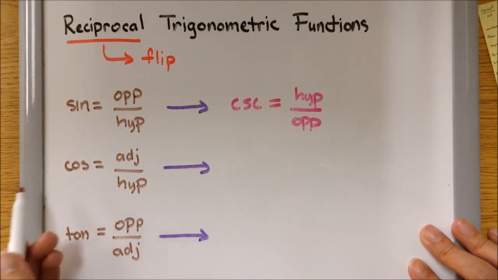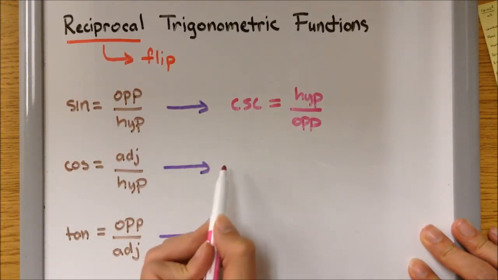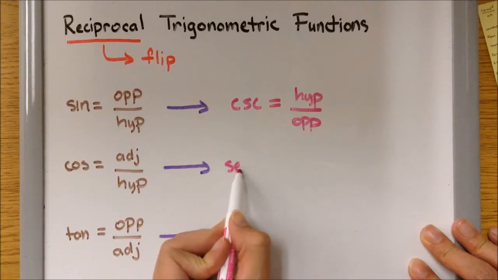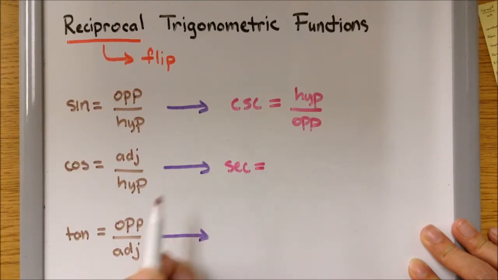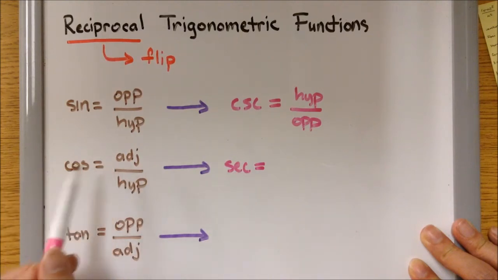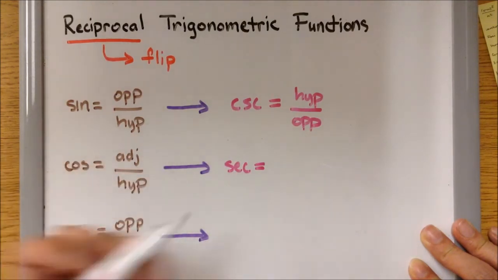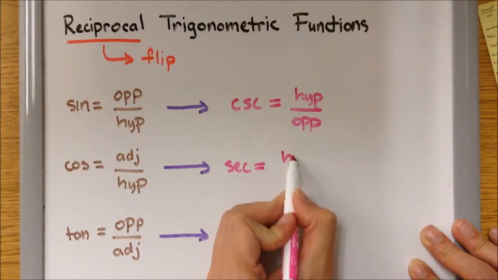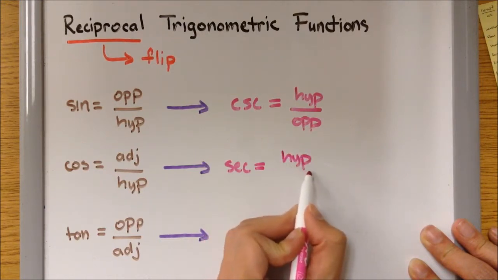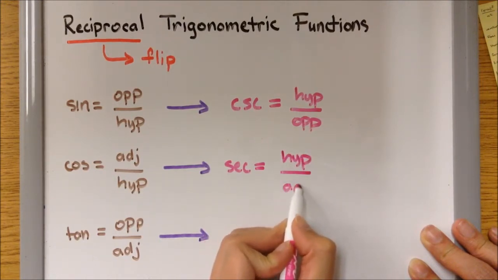For cosine, the reciprocal function is called secant, which is SEC. So SEC, secant, all I'm going to do is the reciprocal, meaning flip the fraction, so it's going to equal hypotenuse over adjacent.